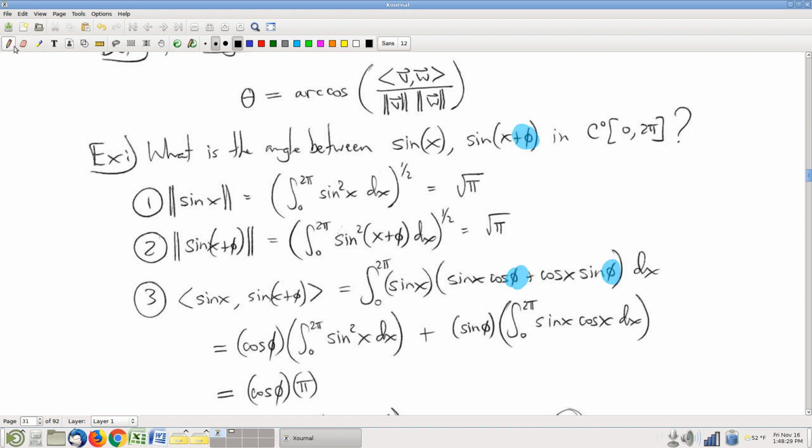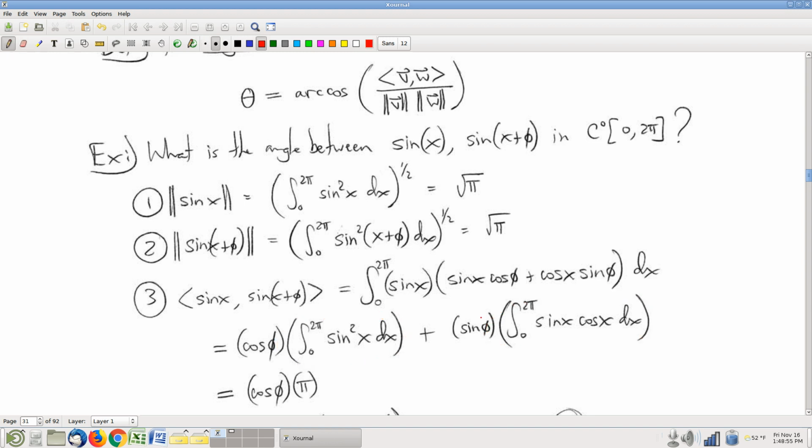That means that these factors here, cosine phi and sine phi, factor out after you separate the two terms. And so really what you're left with to compute are these two integrals. So again, Calc 2, and make sure that you're able to do those.